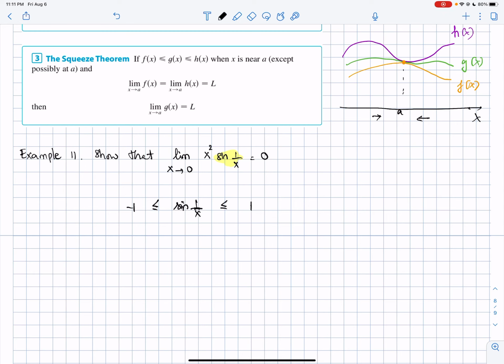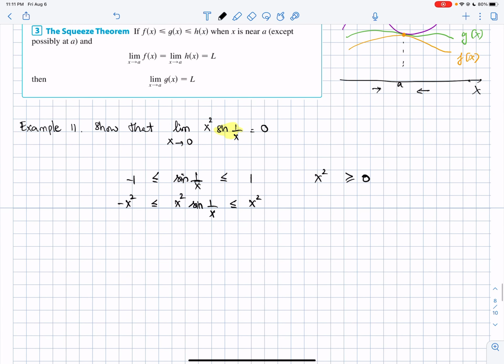So this idea is very, very important. This is the same thing as the cosine: sine and cosine are between -1 and 1. Then in order to get x squared times sine of 1 over x, I will multiply this inequality by x squared. The inequality does not change the sign because x squared is a positive number for any value of x.